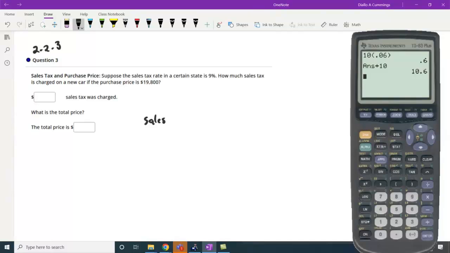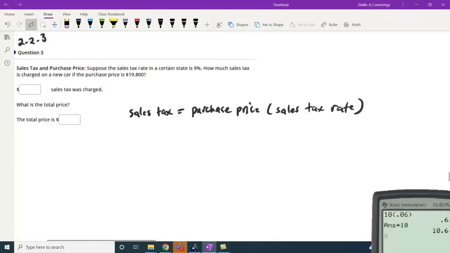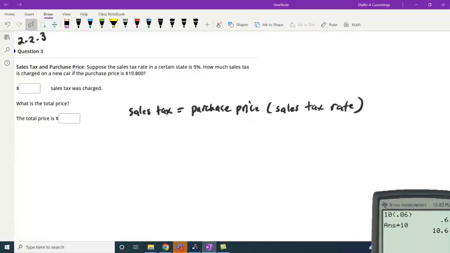So we had a formula for that, right? The sales tax was equal to the purchase price times the sales tax rate. So we know that the purchase price is $19,800.